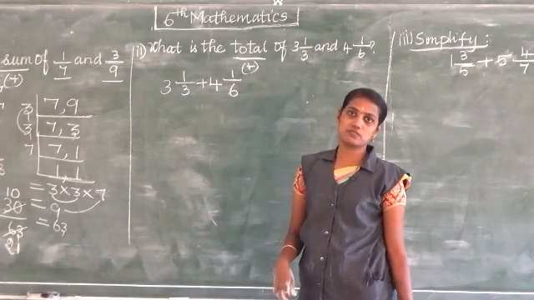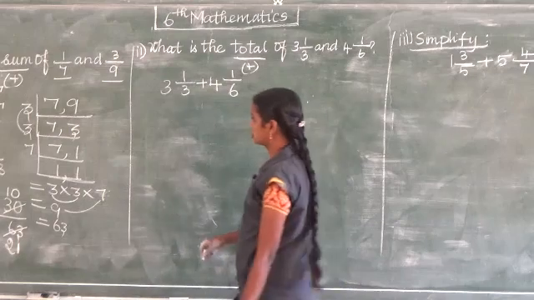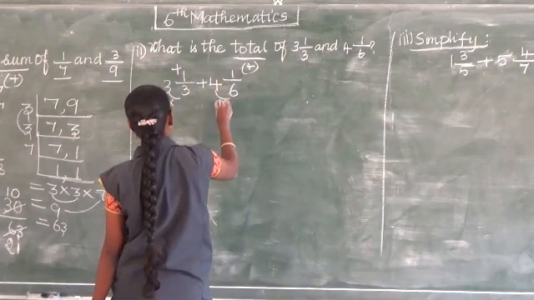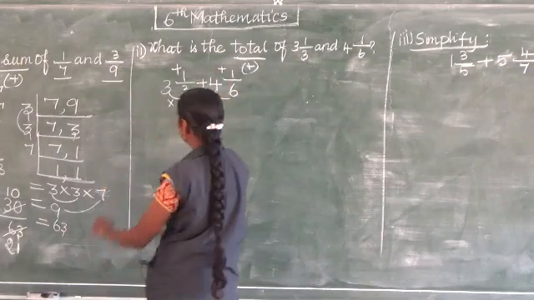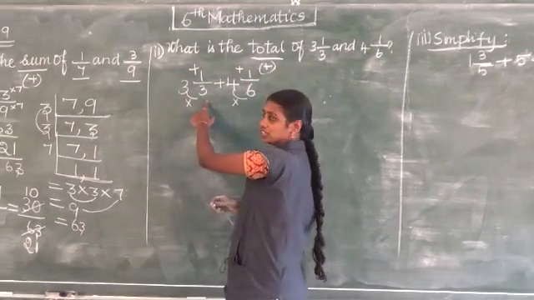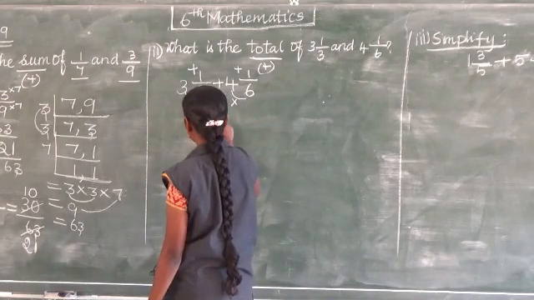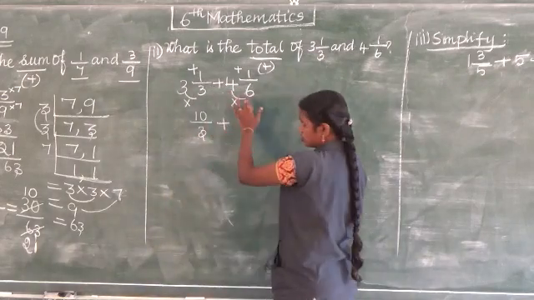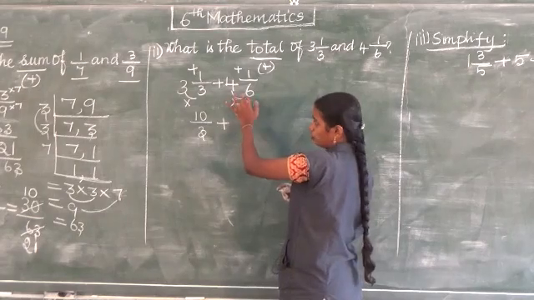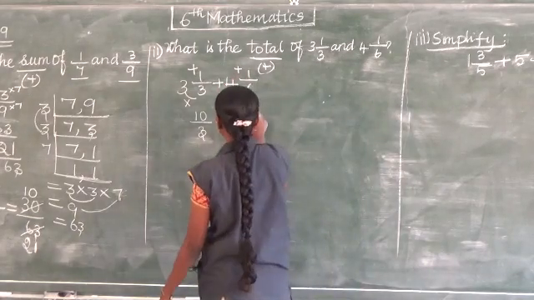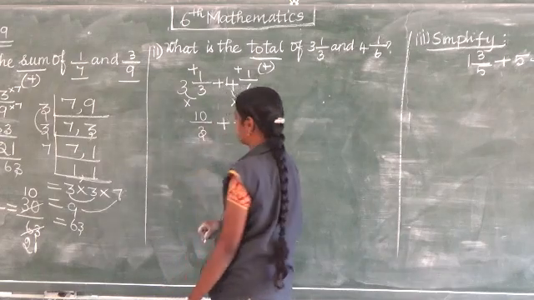Mixed fraction, convert into improper fraction. Multiply and add. Here also multiply and add. 3 into 3 is 9, 9 plus 1 is 10 by 3. Next, 4 6s are 24. 24 plus 1 is 25 by 6.